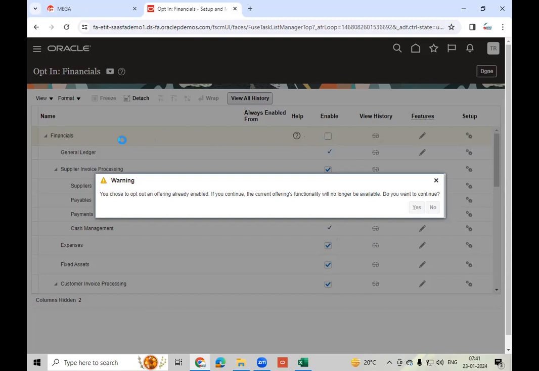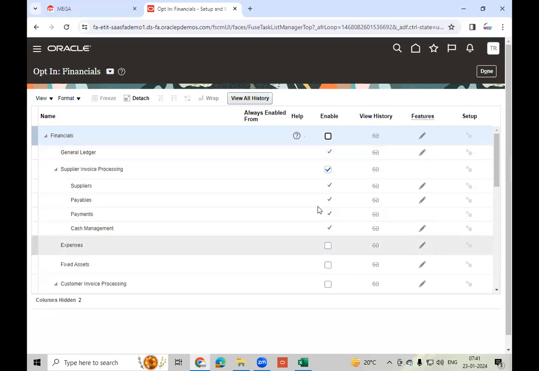In some offerings, if you enable the top one, a few may be enabled automatically. By default, some will be enabled. Even if they are enabled by default, they will not appear, because I disabled financials. Just select Done.